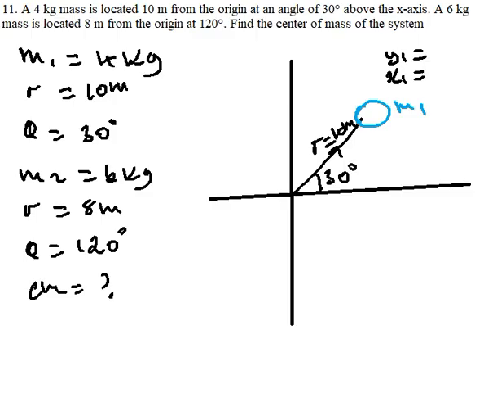And we have another object at 120 degrees, so we measure it from the positive x-axis up to that point, so this is a typical 120 degrees. The object happens to be here. Let's say this is the object of mass 2, and the distance from the center is 8 meters.